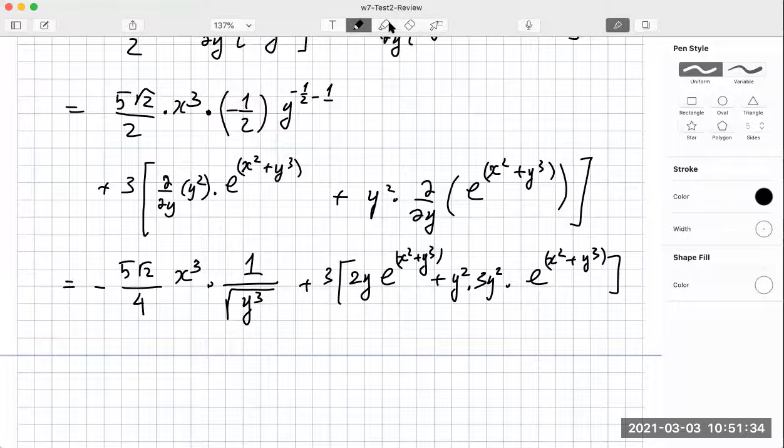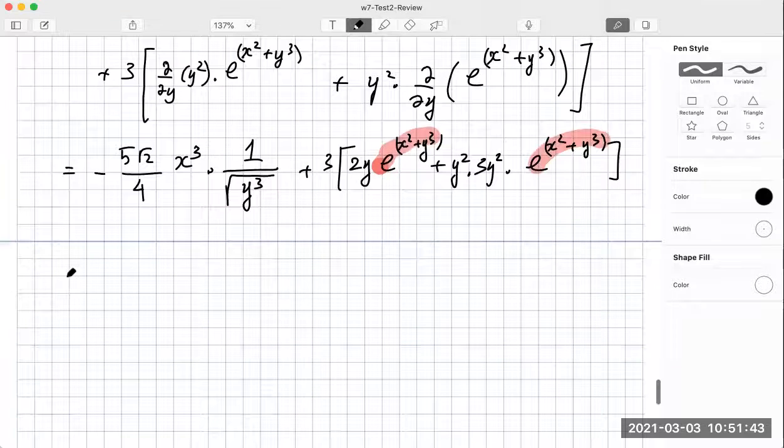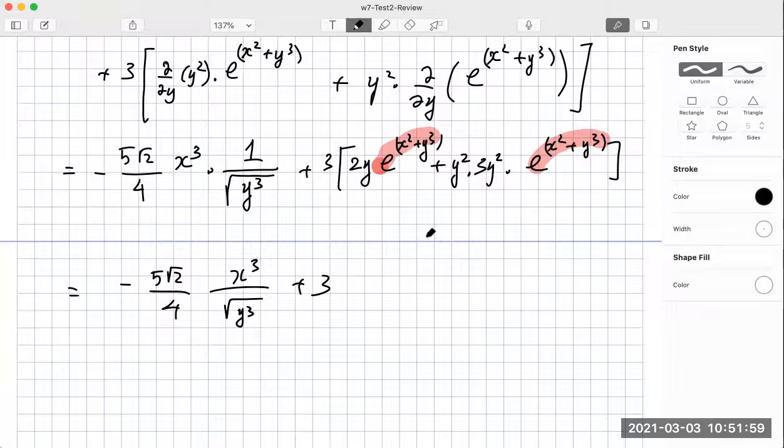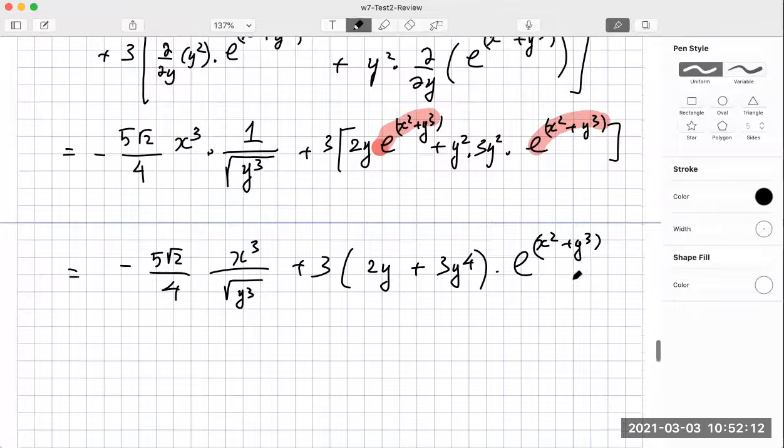Again, this is the like term, so we can factor it out, right? Simplify it. Here it will be negative 5 square root of 2 over 4. We can write it as x cubed over square root of y cubed. And here, yes, we factored it out, then it will be 2y plus 3y to the fourth, times e to the x squared plus y cubed. Okay, that's it.